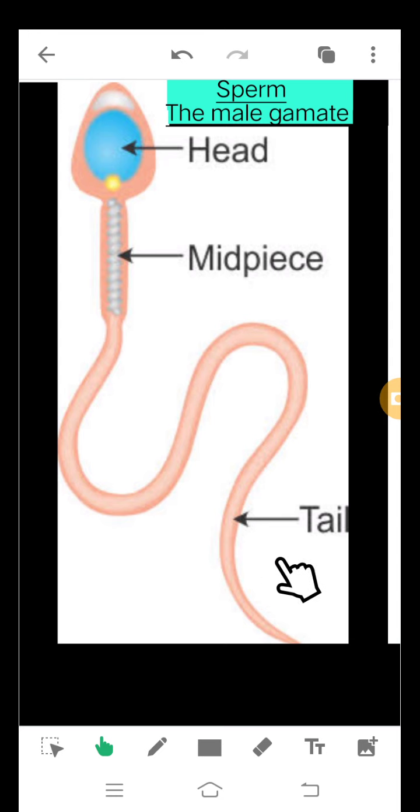And this tail helps the sperm to move and swim further through the different tubes. As we have seen, the male gamete moves through the sperm duct with the help of the tail. So the tail helps in the movement. So this is the male gamete called the sperm.